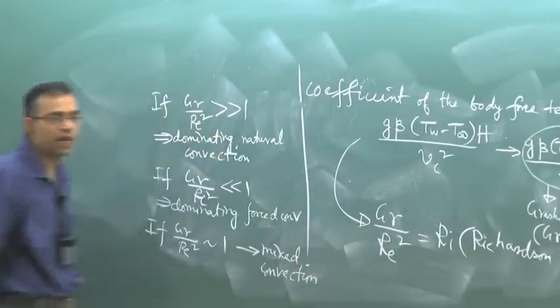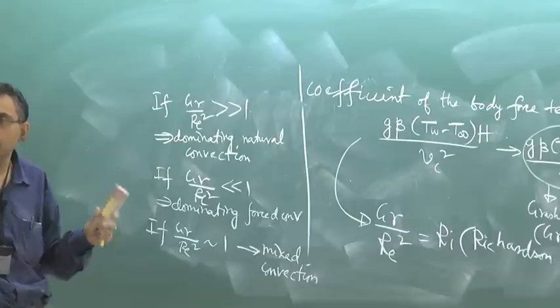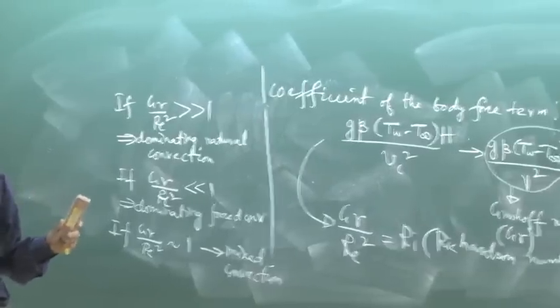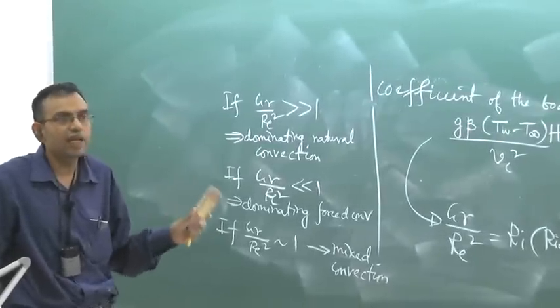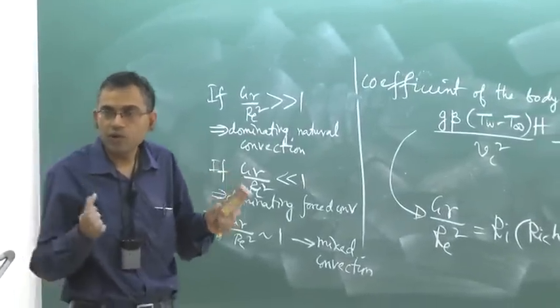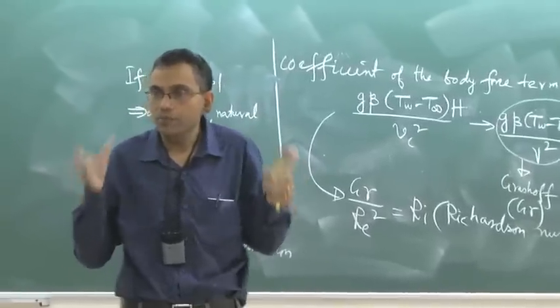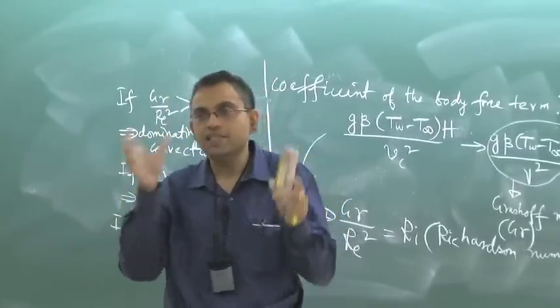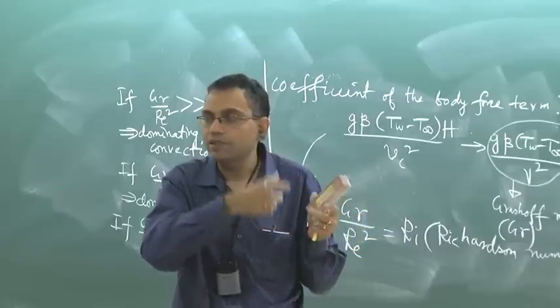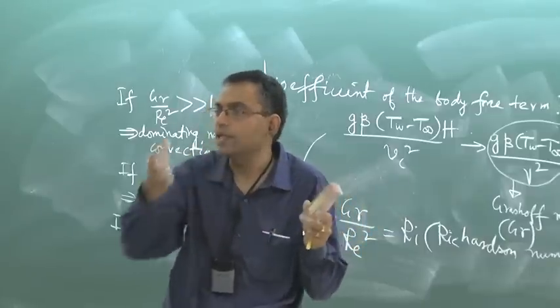So from here we have seen that Grashof number is a very important non-dimensional number in natural convection, which gives us a clear indication of whether natural convection is important or not. So before analyzing any problem, we must be convinced that yes, natural convection is important, otherwise we should not take the burden of taking an additional body force, modeling that and so on.